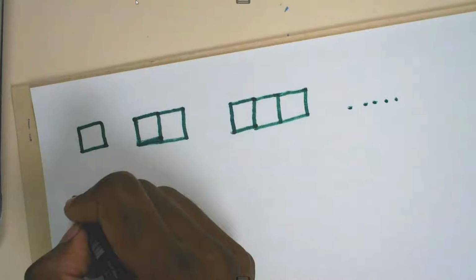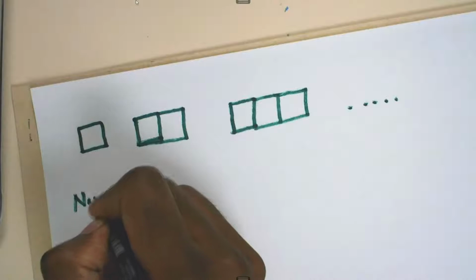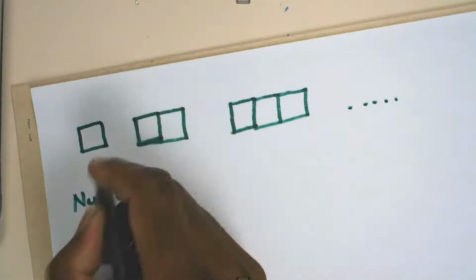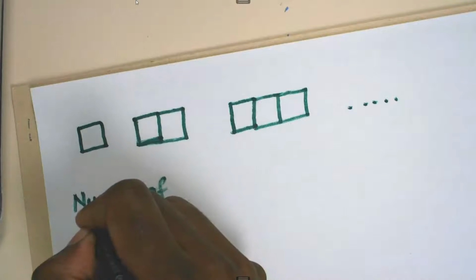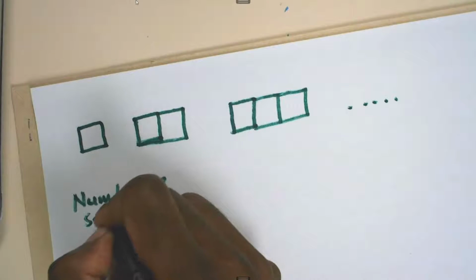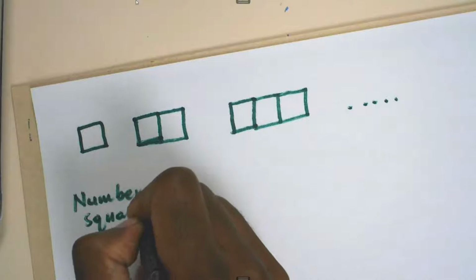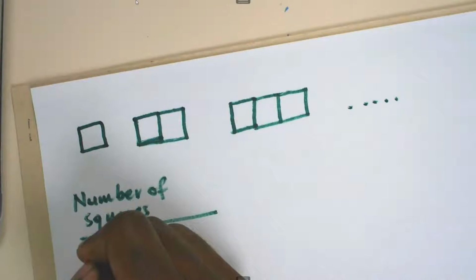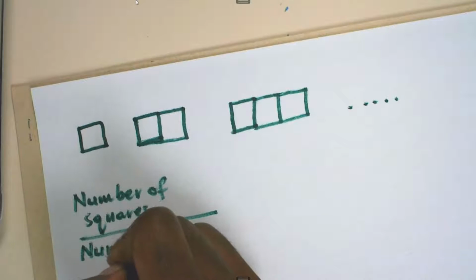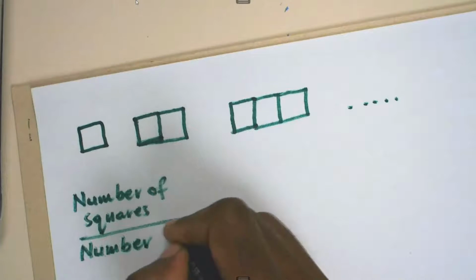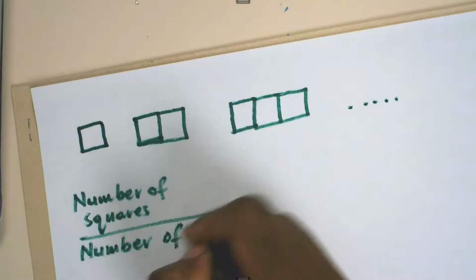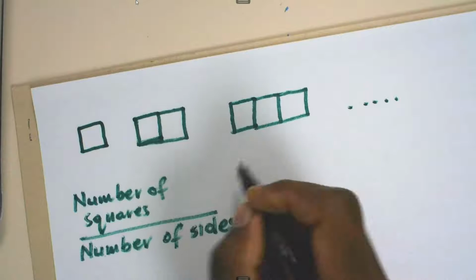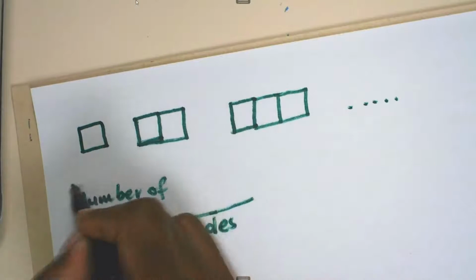I will say number of polygons, or let me just say squares, and then number of sides.